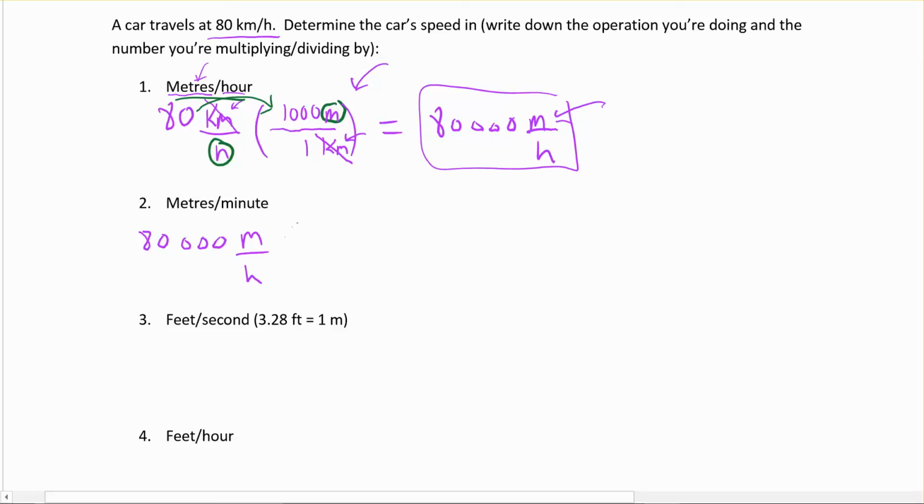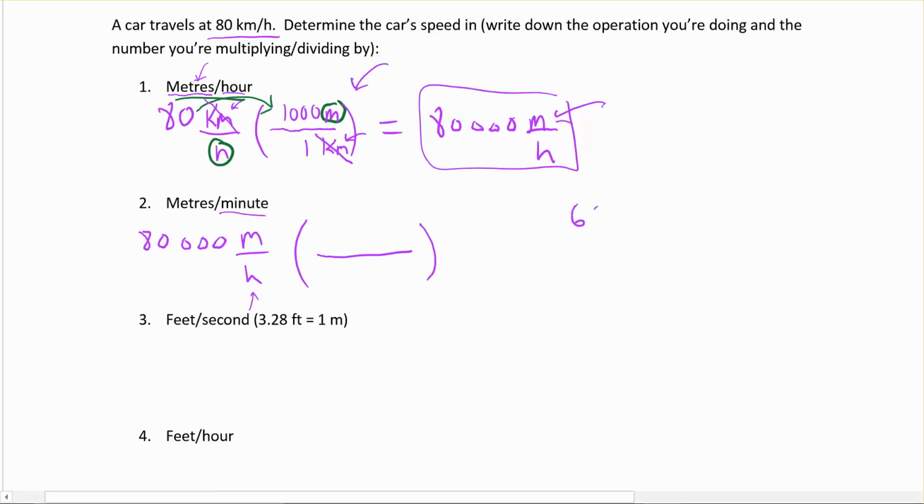So now we're going to do the same thing. We're going to multiply it by something, and that's going to get us what we want, right? Last time we were changing kilometers into meters. This time what needs to change is hours. Right now on the bottom we have hours. We want to change it into minutes. So what you need to figure out is, okay, how many minutes are in 1 hour?